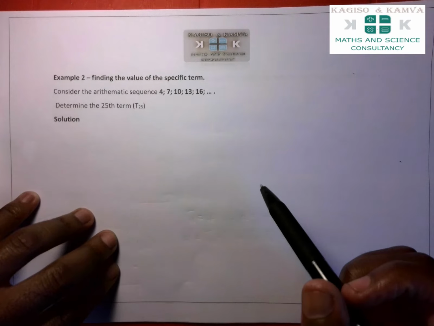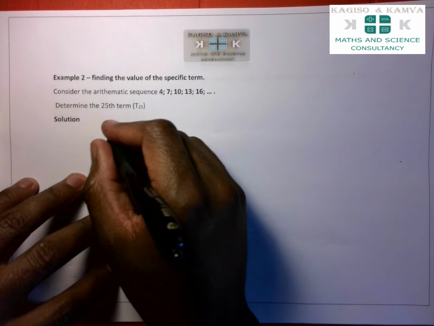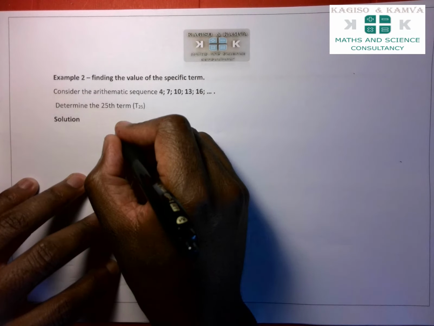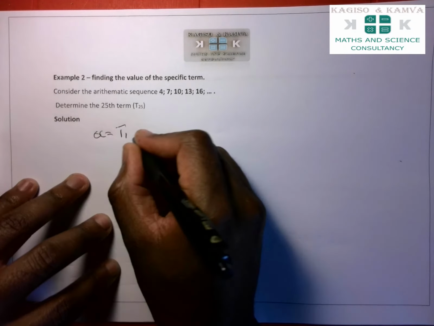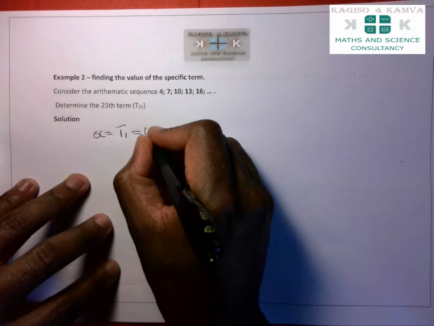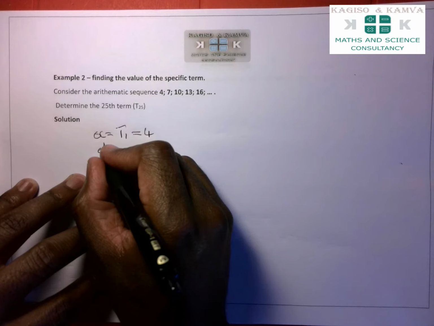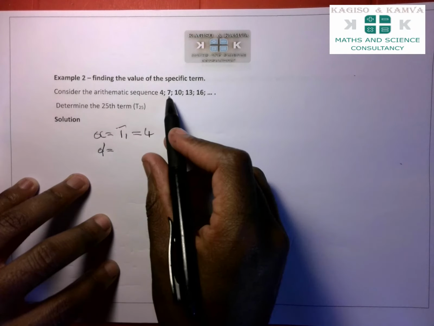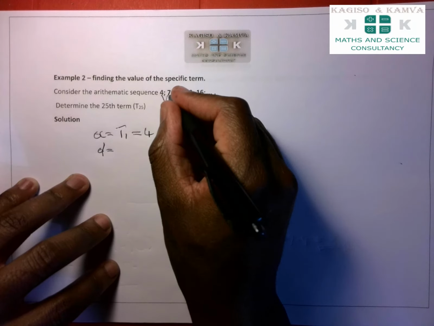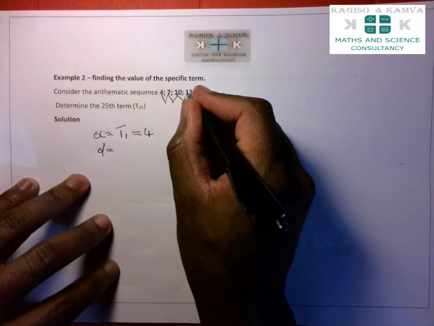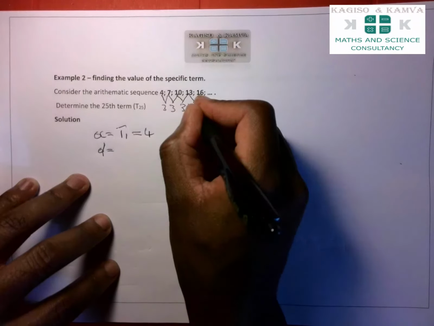We know that A is equal to T1, which is equal to 4. And the difference is 7 minus 4, 10 minus 7, 13 minus 10, so it's 3, 3, 3. We already did that. So the difference is 3.